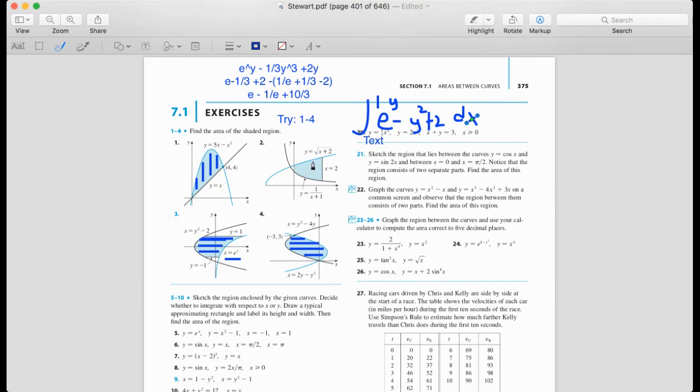Because you see x, right? So lower limit is 0. Upper limit is 2. Right? 0 here, 2 here. So we get lower limit and upper limit. Now, what is the top function? Square root of x plus 2.